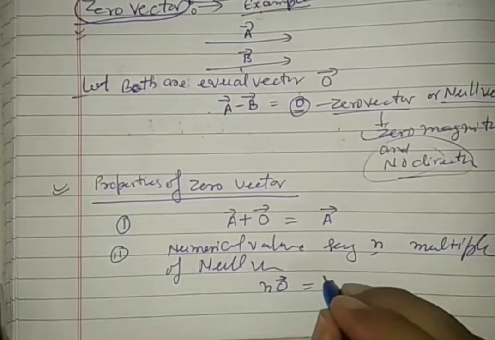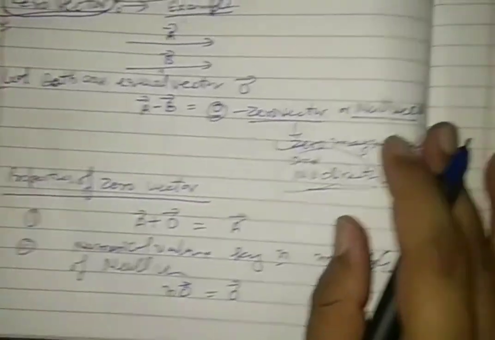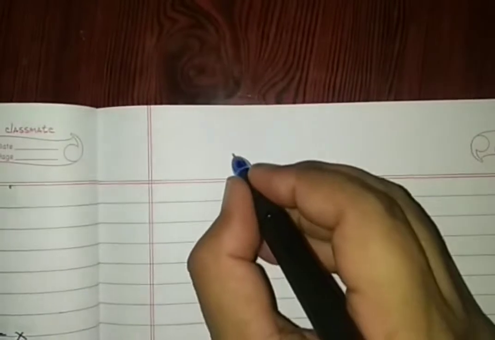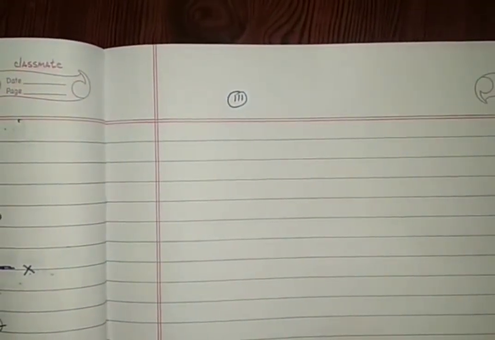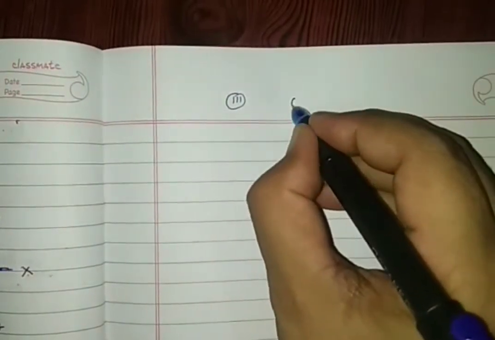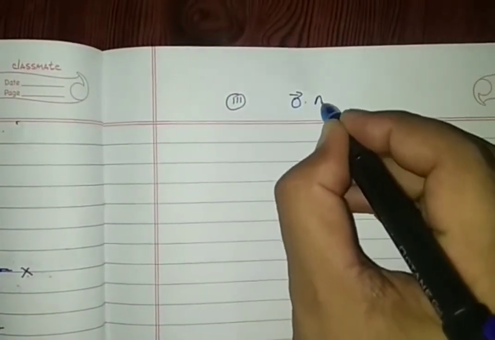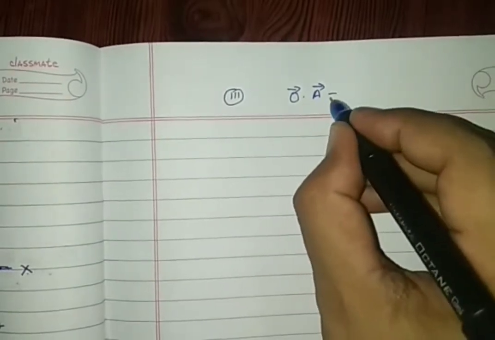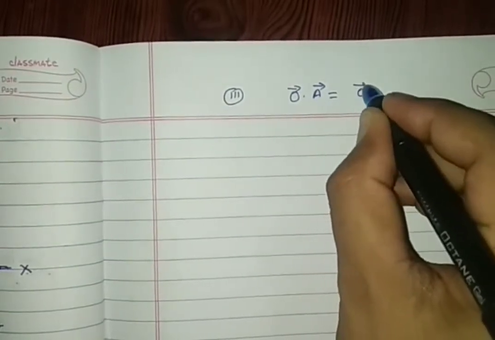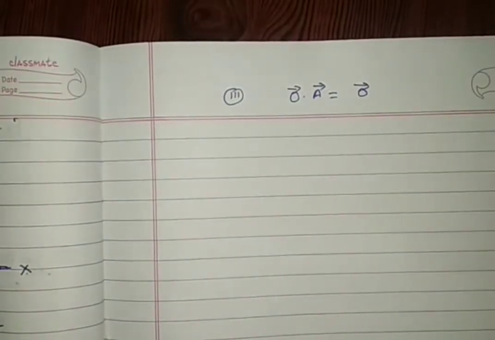This is zero vector. Now one more important property, property number 3. When a zero vector is multiplied by another vector, in this case the resultant is always zero vector or null vector.